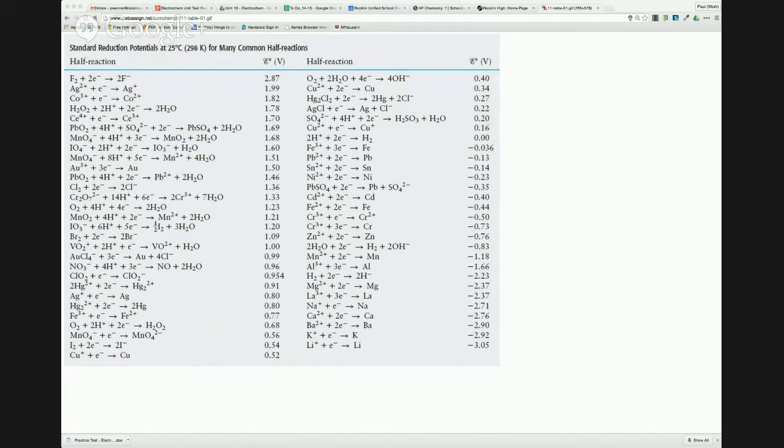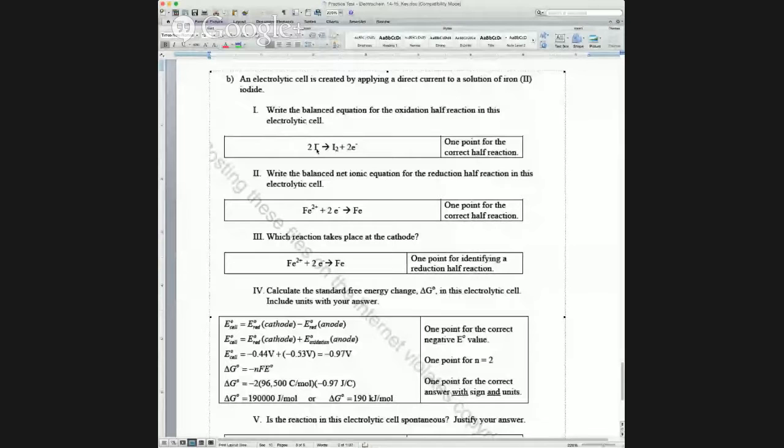So let's take a look now at the test again. You can see that the iodine, when you make an oxidation, is much lower than the iron. And then the reduction form would actually have been higher than the iron.